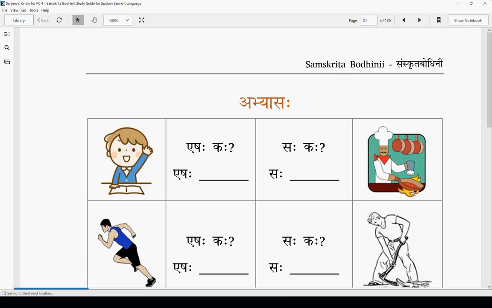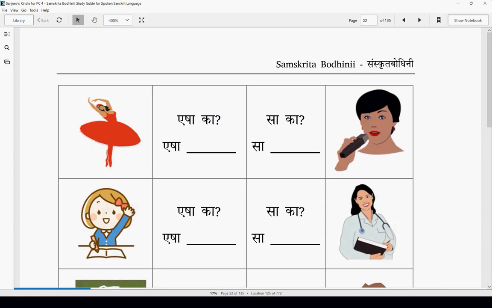Maasharada, if you want to try this one. This one, first two lines here. Eshaka. Radhika. This one.